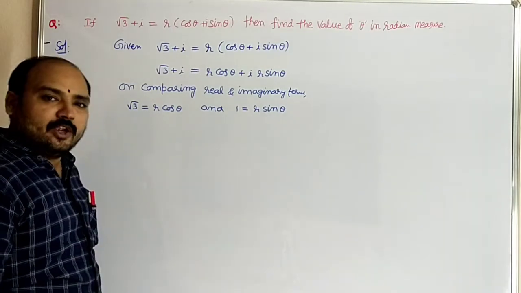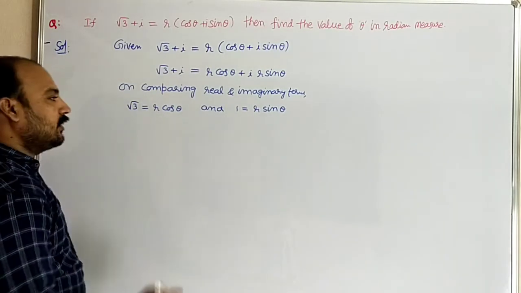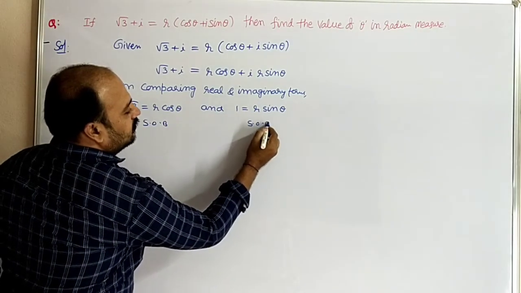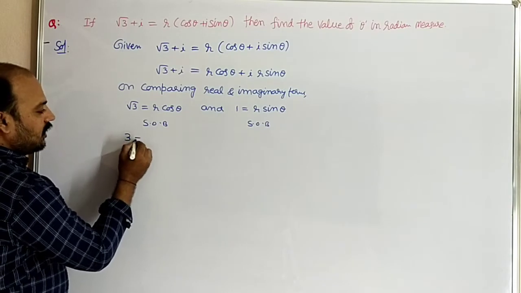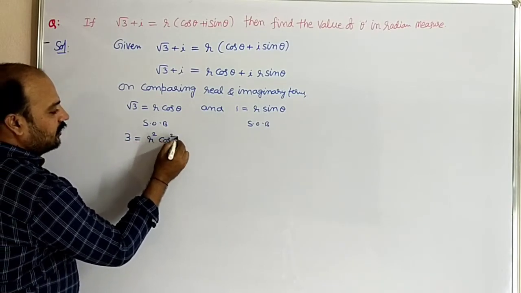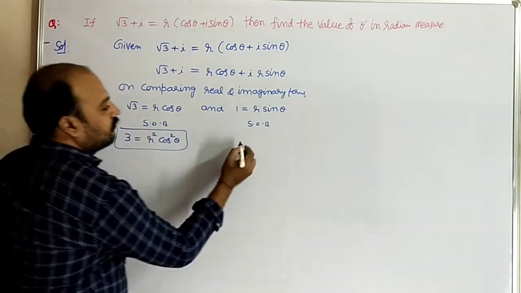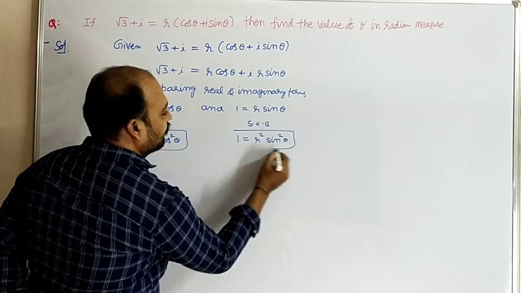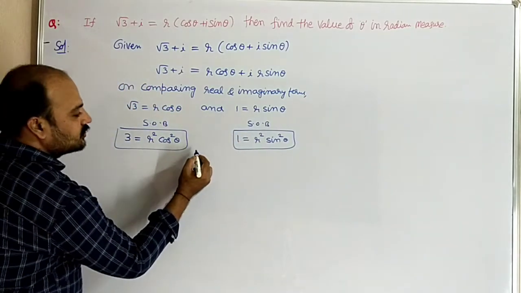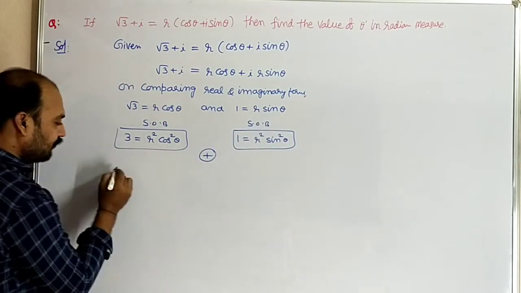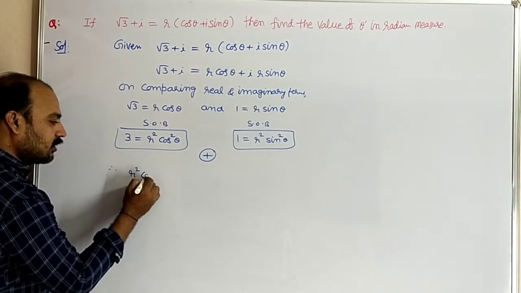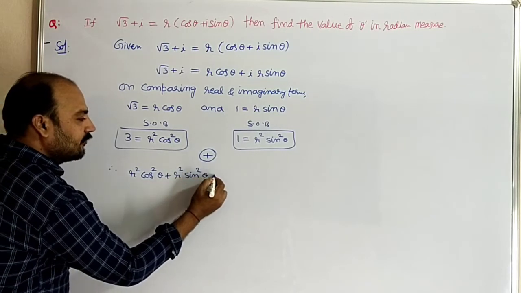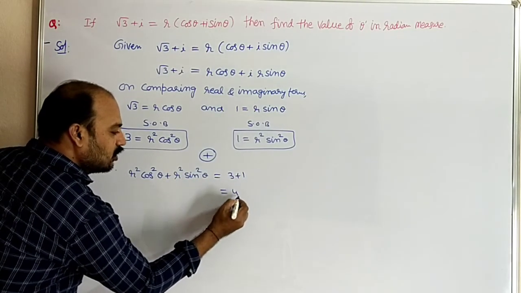After that we need to get the theta value. We square both sides, both the terms, and it will become 3 equal to r square cos square theta. Here also 1 is equal to r square sin square theta. After that adding both, r square cos square theta plus r square sin square theta is equal to 3 plus 1, which is equal to 4.